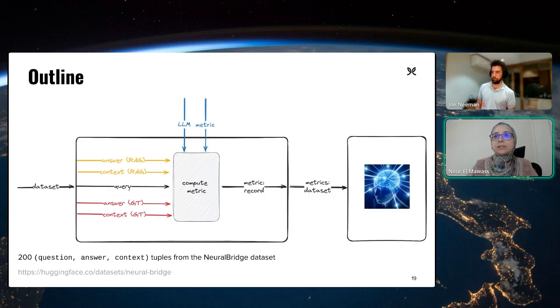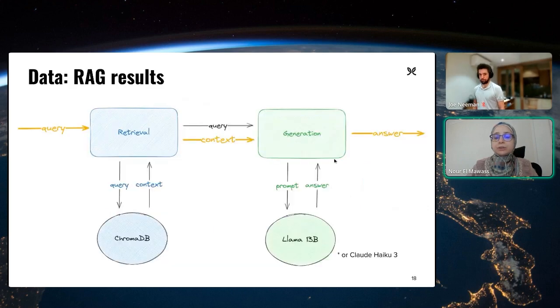But just so that we don't have any confusion, we have two kinds of LLMs involved in this experiment. We have the generation LLM, which is the LLM that you use to generate answers in your RAG. Depending on the experiment, it was either the Llama 13 billion model or Claude Haiku from the version 3 of the Claude family.